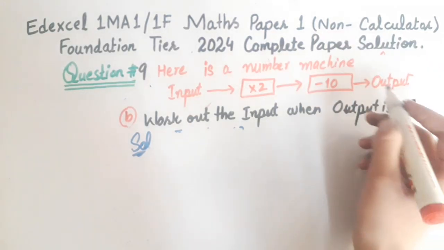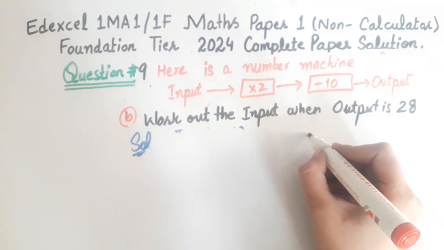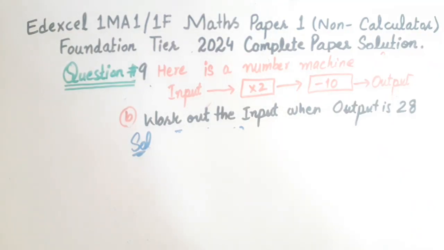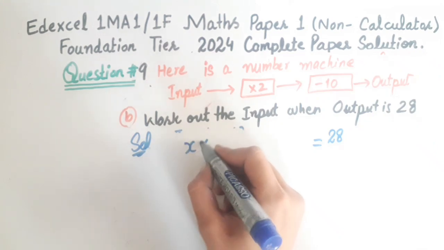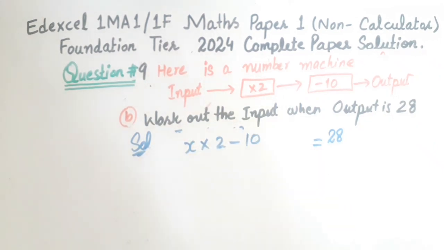It means that your answer is given, that is 28, and the input, let's suppose x, multiplied by 2 minus 10. This is the question.